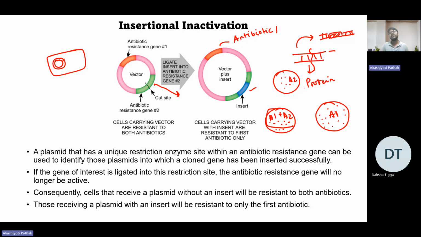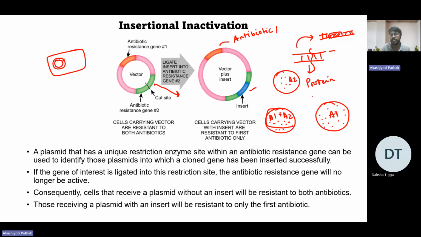Okay, so the bacteria which are able to grow in agar plates supplemented with antibiotic 1, but are not able to grow in agar plates supplemented with antibiotic 2.